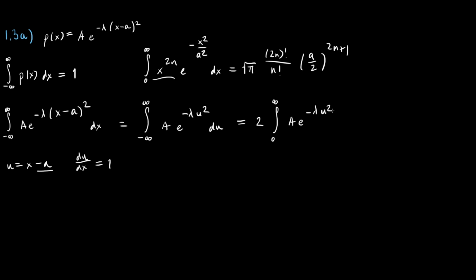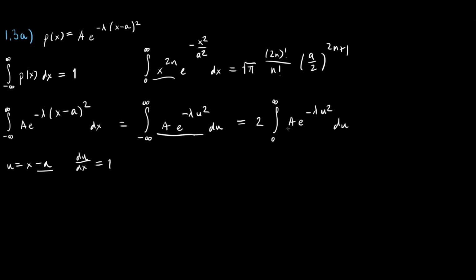We can do that because this function is symmetric about u equal to 0. Because it is symmetric, we can take the integration from 0 to infinity and then multiply that total value by 2.